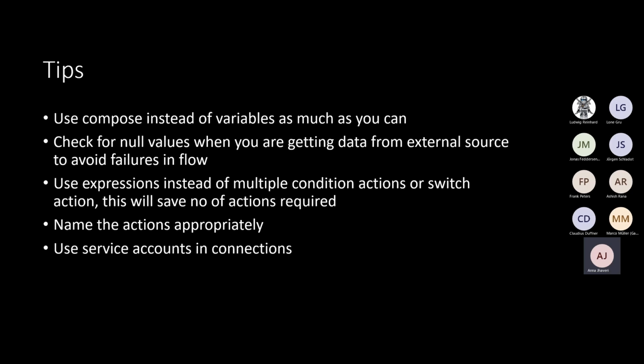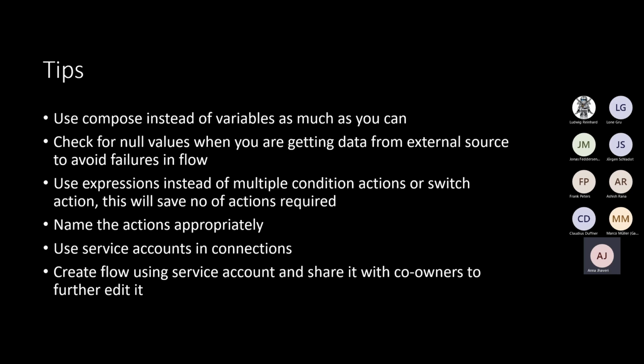Use service accounts in your connections rather than actual accounts, because a user may get deactivated and your flow will get orphaned. Then you can create the flow with the service account and share it with the co-owners who need to further edit the flow.